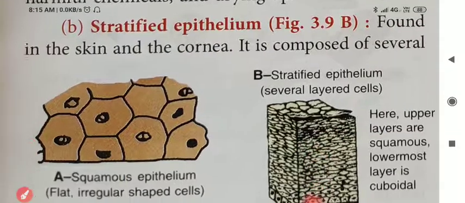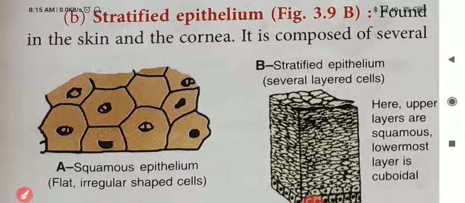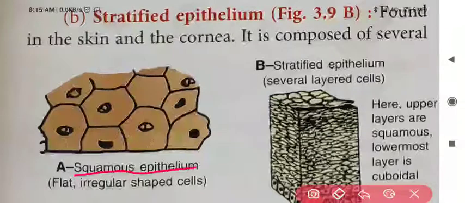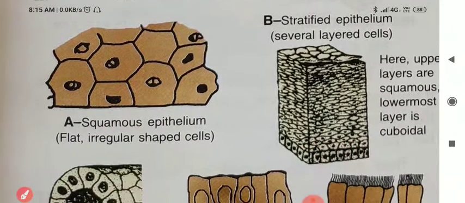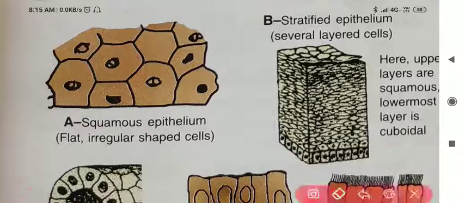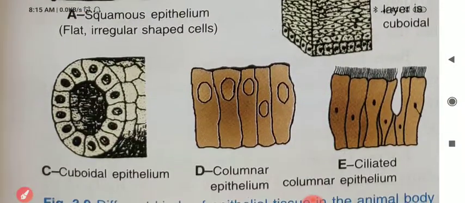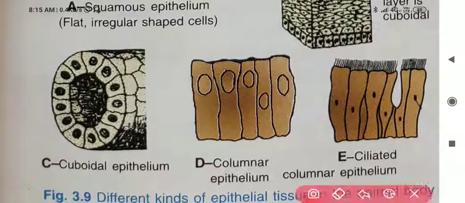Let us see the diagrams here. This diagram is of squamous epithelium. This diagram B is stratified epithelium. Next we have cuboidal epithelium.